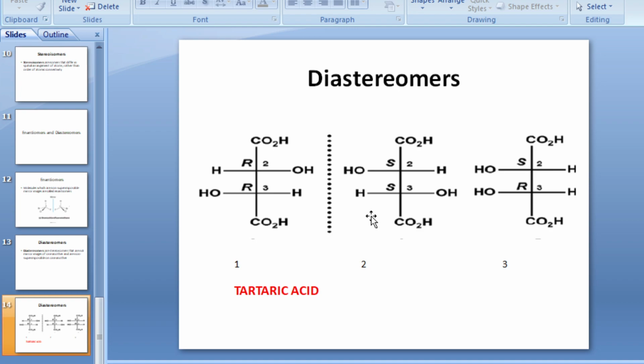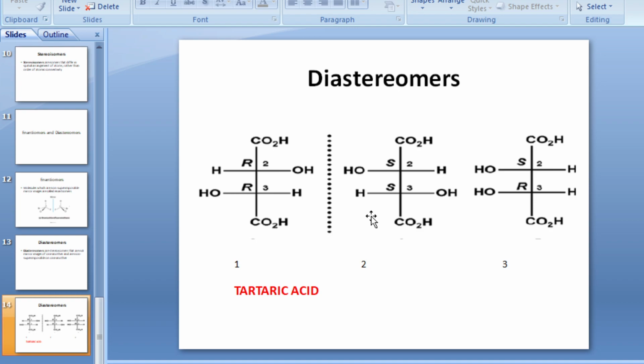So 1 and 2 will become enantiomers. Look at molecules 2 and 3. They are not mirror images and are non-superimposable, so 2 and 3 will become diastereomers. Now find the relation between 1 and 3. Even 1 and 3 are not mirror images and are non-superimposable.